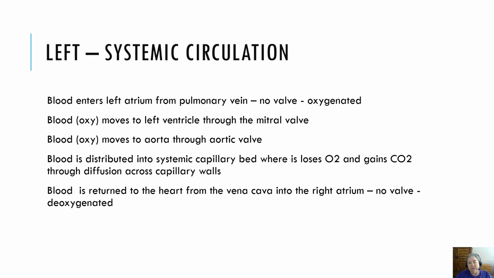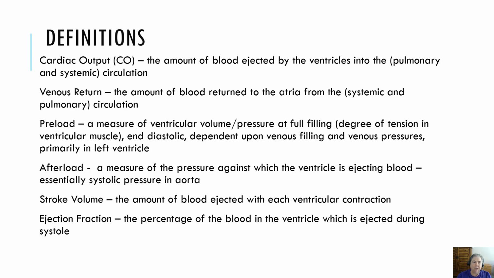And again, the oxygen and the CO2 are both gases that are lipid soluble and pretty much freely diffuse across the capillary walls, the endothelium, the cell membrane of the endothelium. And then that blood is returned to veins and then the vena cava and comes back to the right atrium, deoxygenated. So that's our circuit.